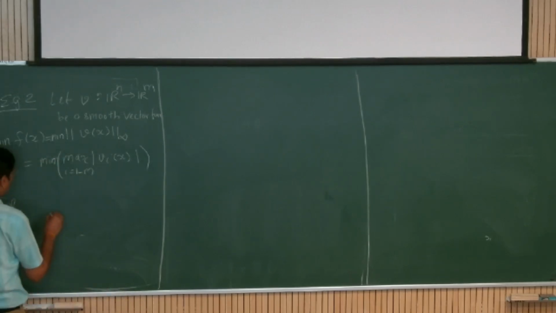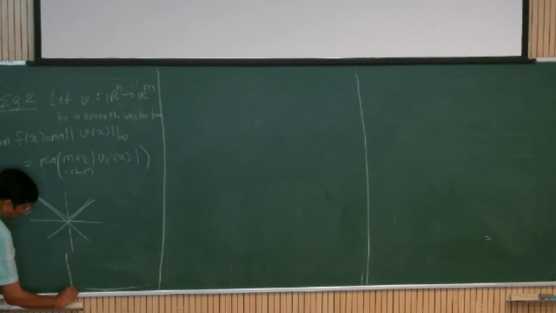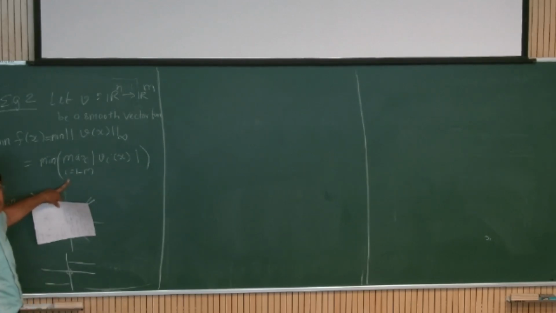But we took an example that if your V1 and V2 are, for example, just straight lines, y is equal to x, y is equal to minus x, then your f function would be this. Because you're taking the absolute value, both of them will flip to the other side. But nevertheless, it will become a V function. And when you take the derivative of this, it will turn out to be this, which means that it is not even C1. Correct?